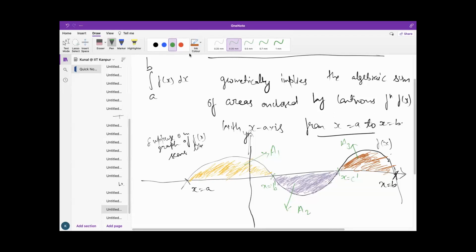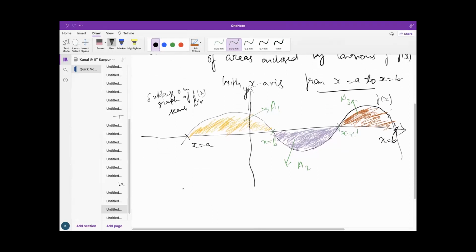So what I'm trying to say is that the integral of f(x) dx from a to b represents the sum of these areas, A1 plus A2 plus A3. When we add all of these, we get the value of the integral of f(x) dx from a to b.